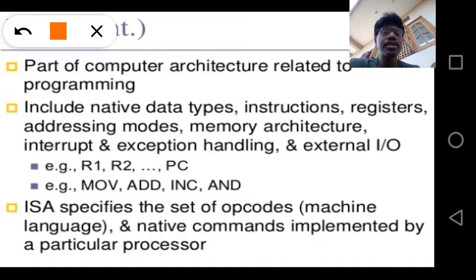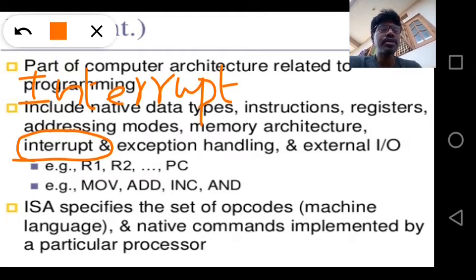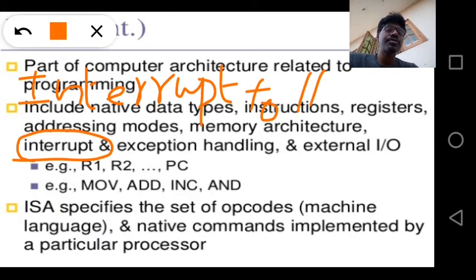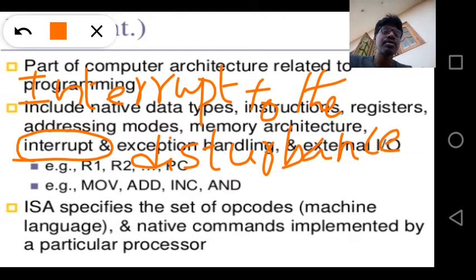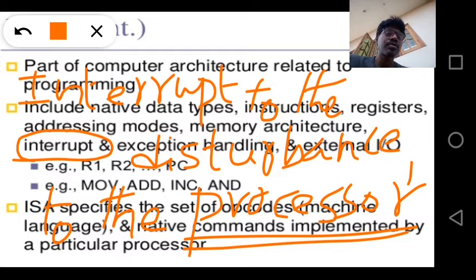Next we will see an interrupt. Remember, an interrupt is a kind of disturbance to the processor. What is the purpose of this disturbance?